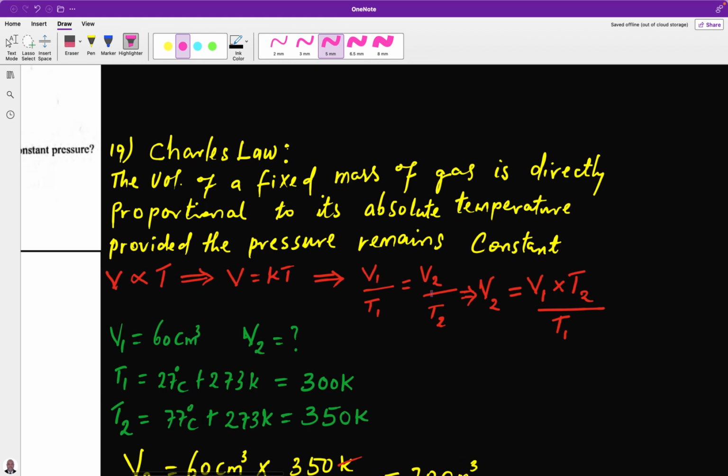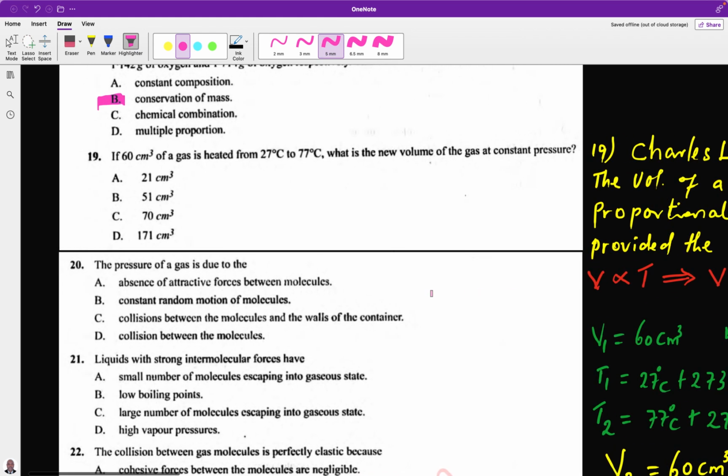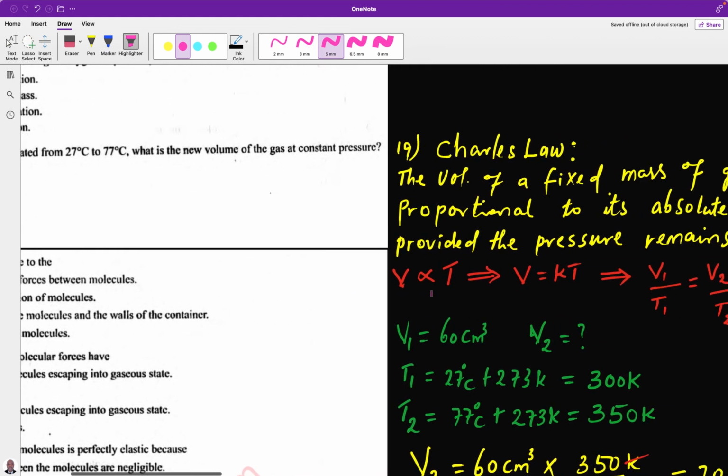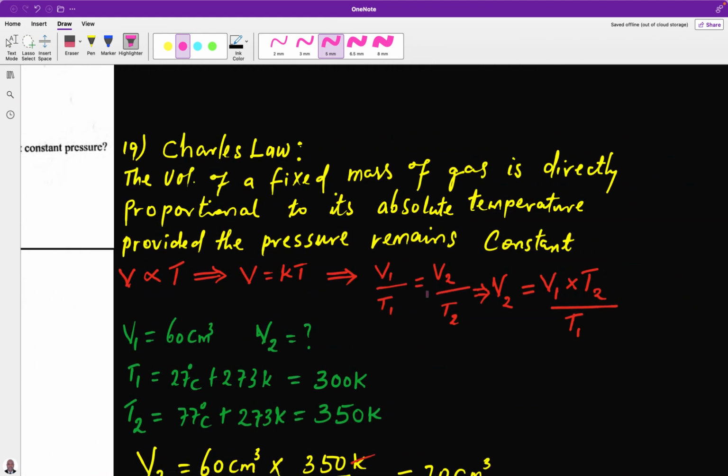We have been asked to look for the new volume of the gas, so our final volume will be V2. We are going to make V2 the subject. We cross multiply and divide all by T1. So V2 will be equal to V1 times T2 divided by T1.